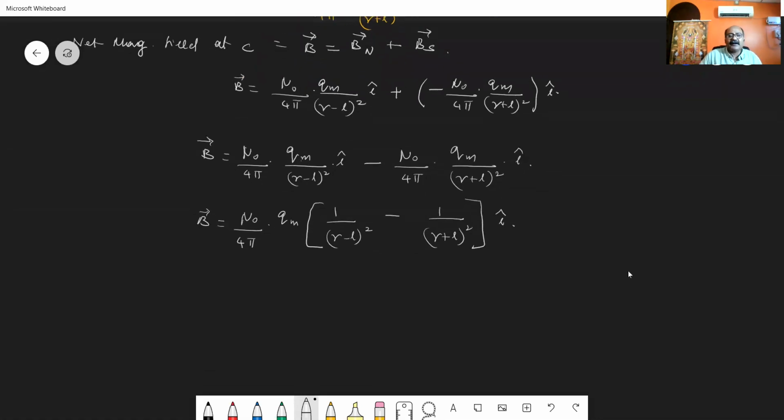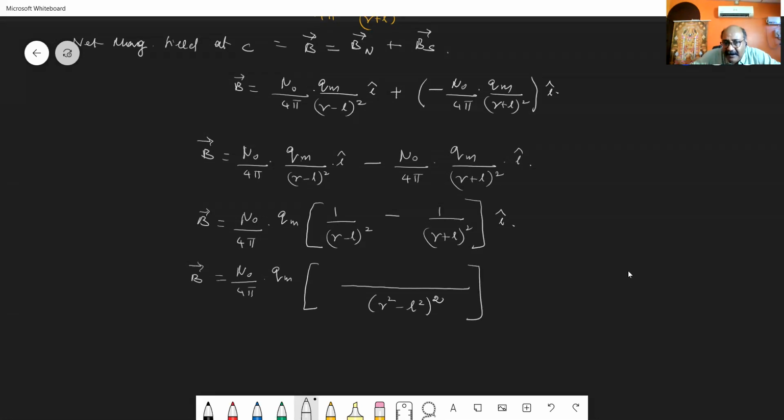Now you simplify the quantities inside the bracket. So I can write B vector equal to mu 0 by 4 pi into Qm. Now you see, take an LCM, R minus L into R plus L, A minus B into A plus B, A square minus B square. Again you are having a square, so I can write R square minus L square the whole square.